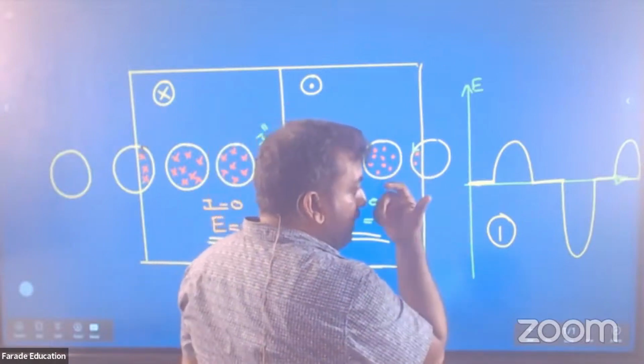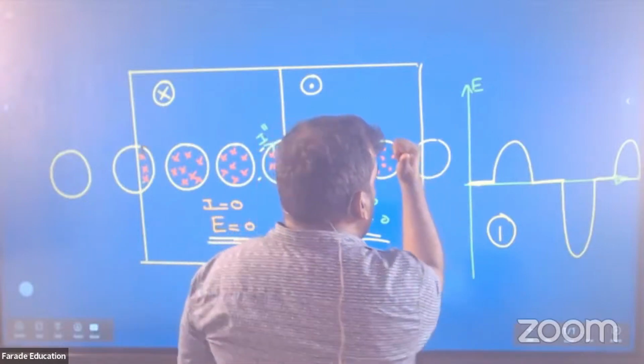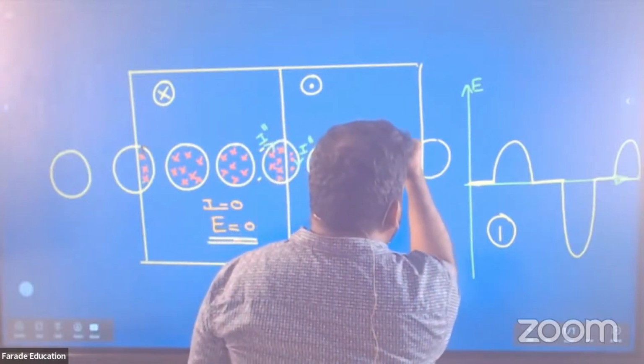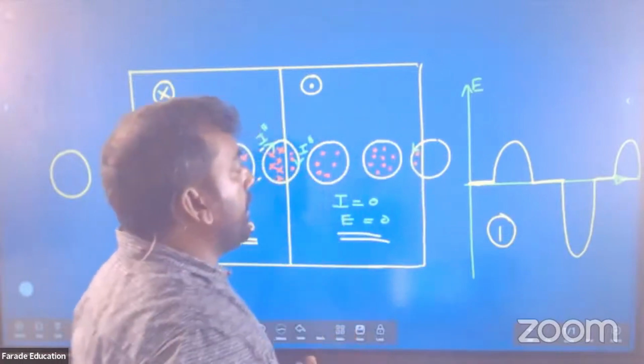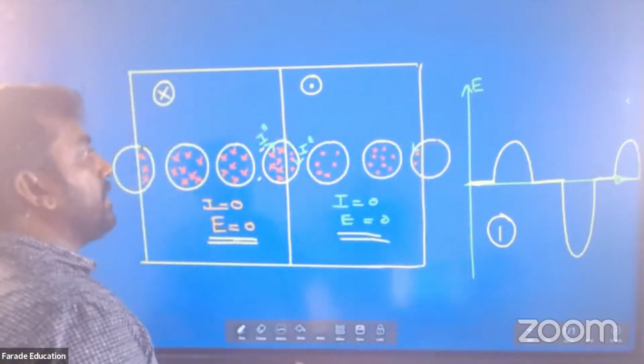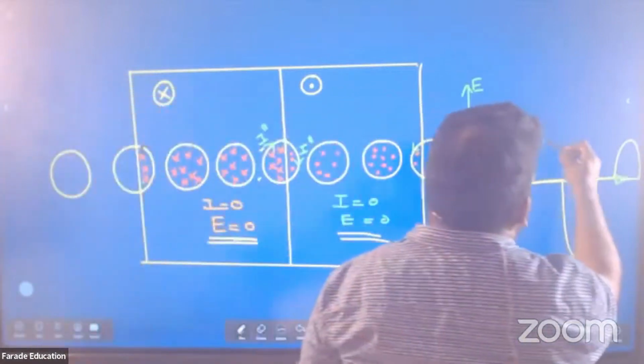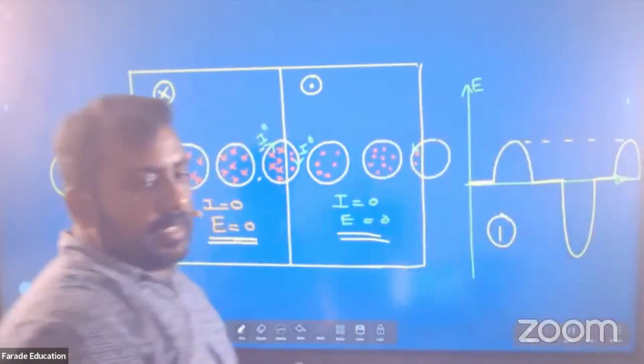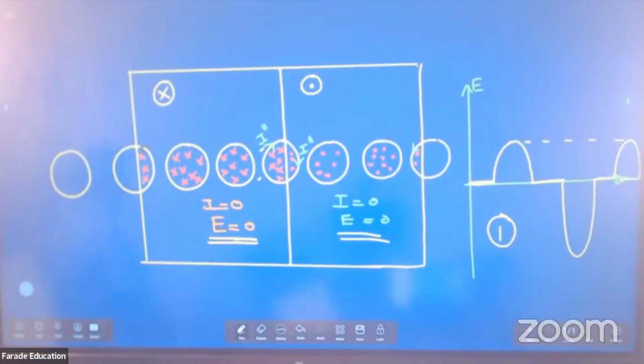Dots mean field lines coming out. To oppose this, we increase the field lines coming out, placing the thumb outwards. So there will be an anti-clockwise current, just like the initial case.